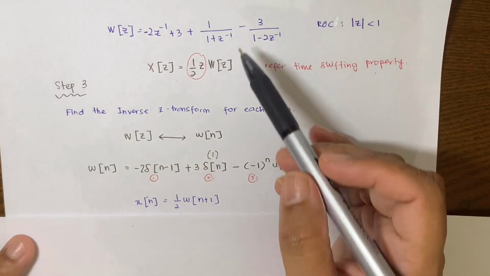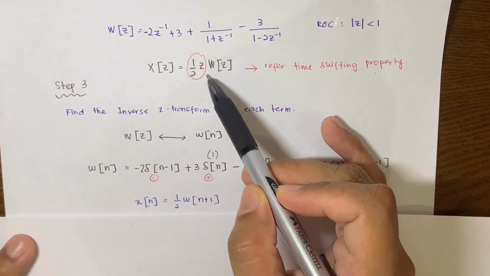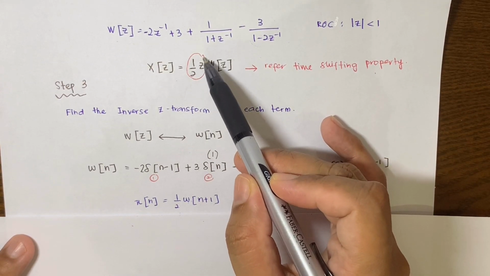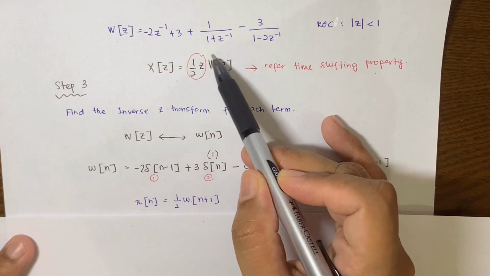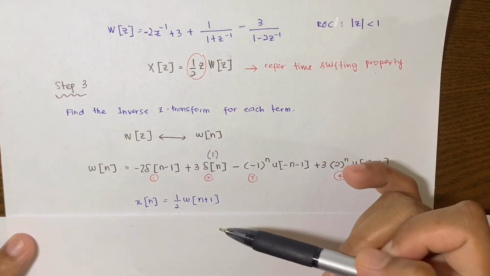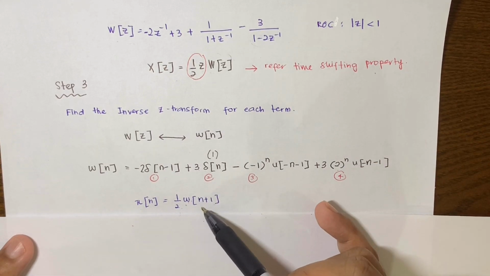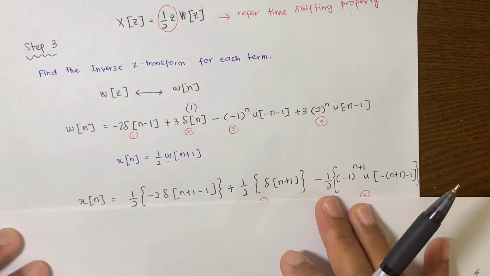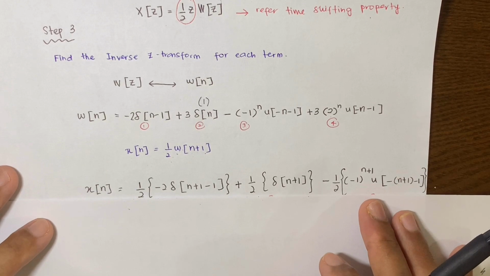So when W(z) is multiplied with another z outside the equation, you need to use this method, w[n plus 1].